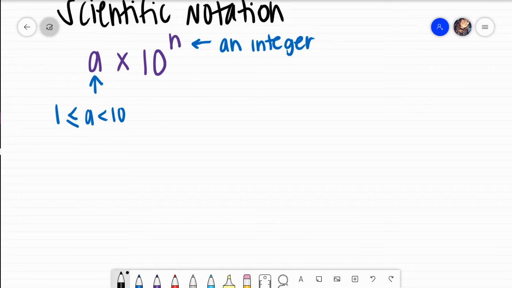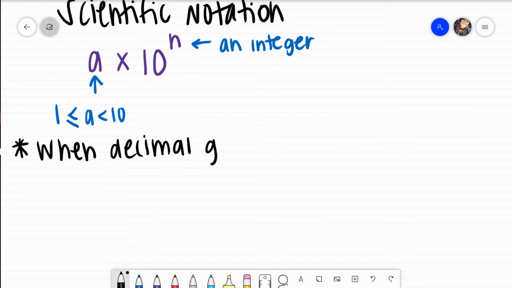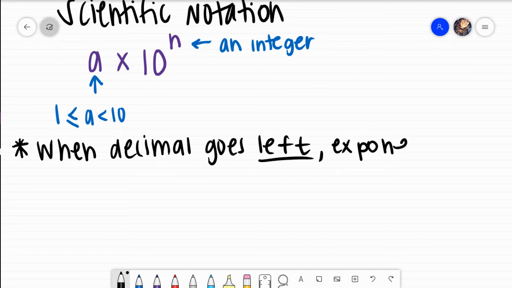Okay, these are like little notes. The way we convert to scientific notation: when the decimal goes left, that's a keyword, the exponent goes up.